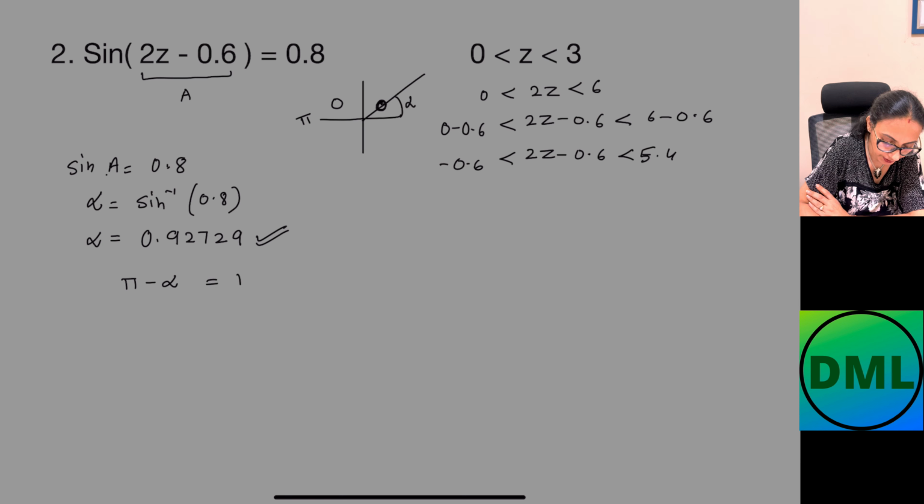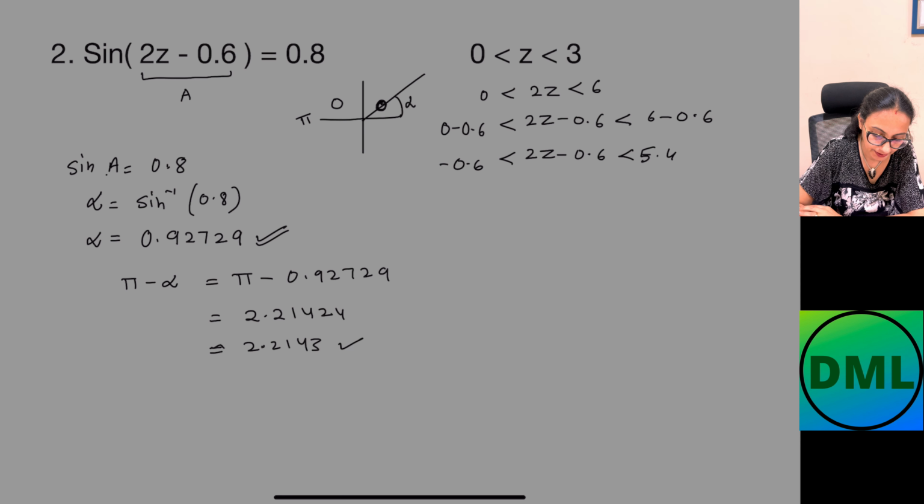What is the value for alpha? Right, let's write down the value for alpha as 0.92729. If I subtract this, my answer will be given by 2.21424, which will be written as approximately 2.2143.